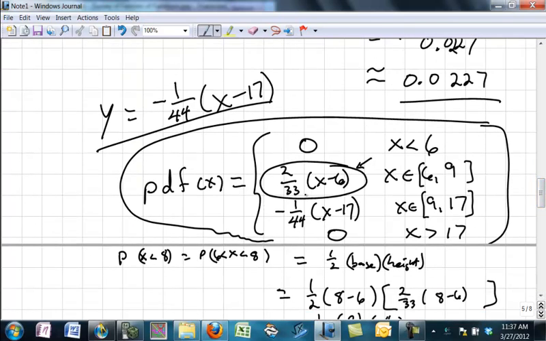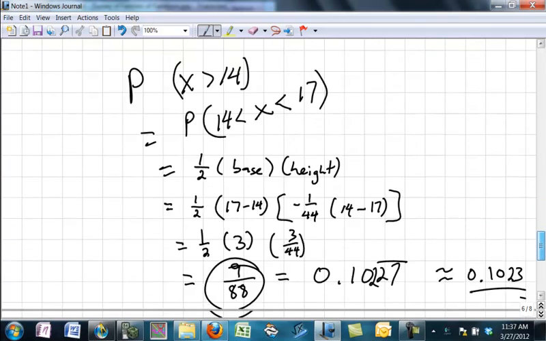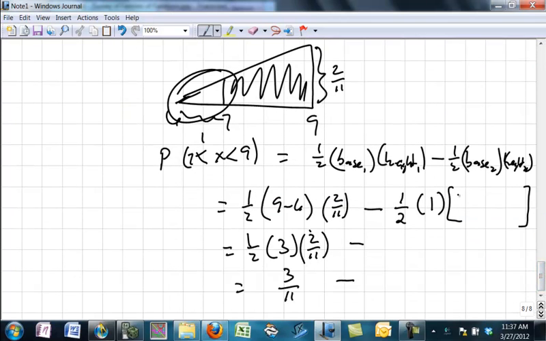So that slope of that piece was 2 over 33. And then we have the x value minus 6. The x is 7. So again, this is the same value here of the base, 1. But now we have the slope. So this is 1/2. Base is 1. Height is 2 over 33. 7 minus 6 is 1. 1 times 2 over 33 is 2 over 33. Multiply that out, we get an area of 1 over 33.